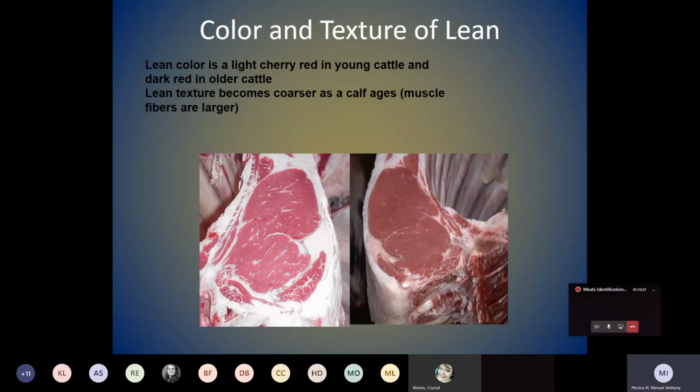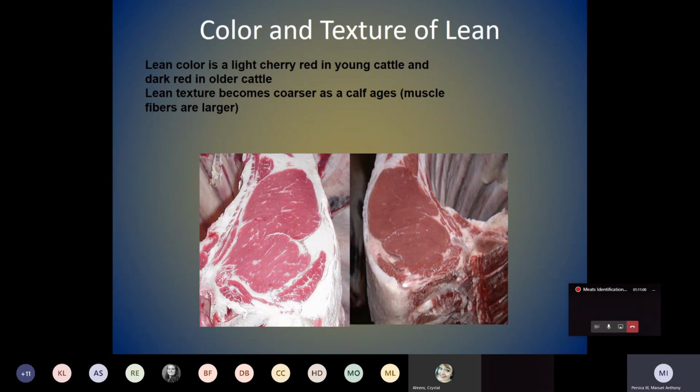If we have two carcasses that are of similar quality grade, which these are not, but if they were, the carcass on the left would have a more desirable color than the carcass on the right. It's a little bit darker color. So that's just something else that goes into placing beef cuts.